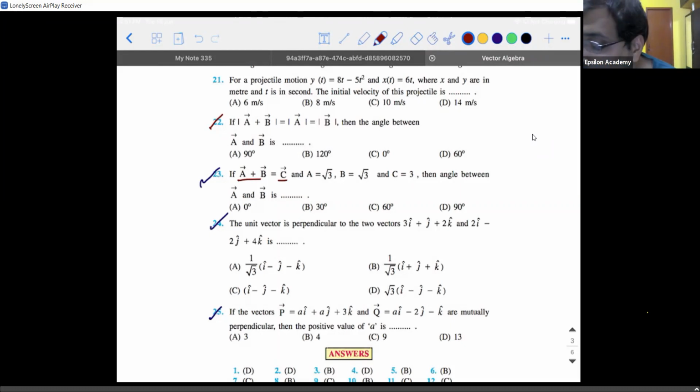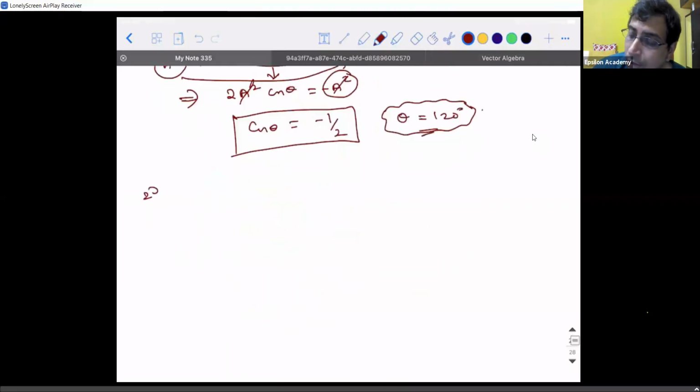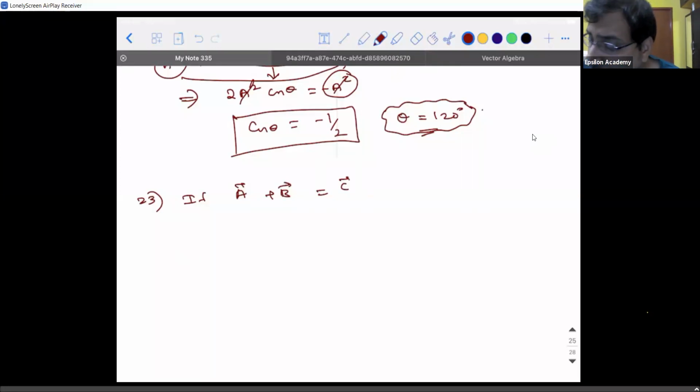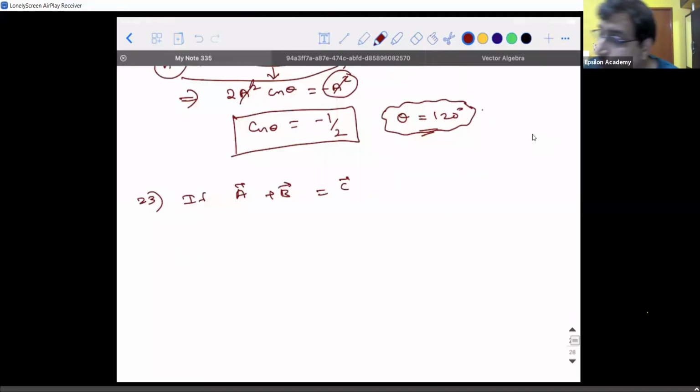So what have they given? If A vector plus B vector is equal to C vector, then what else did they say? A is equal to root 3, B is equal to root 3, C is equal to 3.